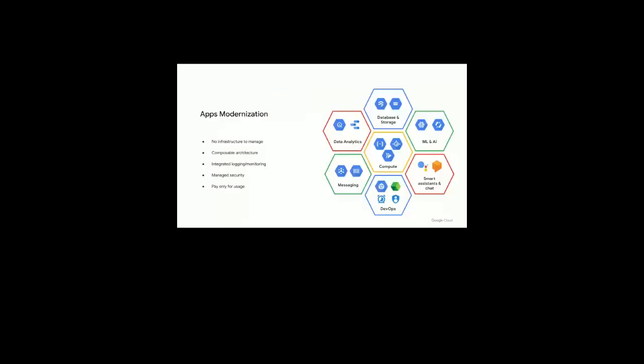We enable composable architecture, integrated logging and monitoring for everything, one single pane of glass. We help manage security and pay only for what the application uses. So you can see here how the products work together in order to enable that vision.